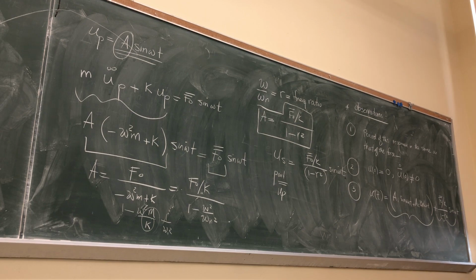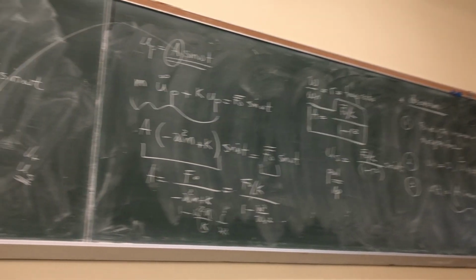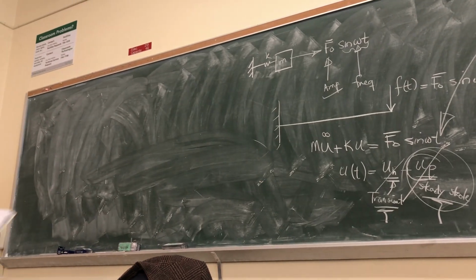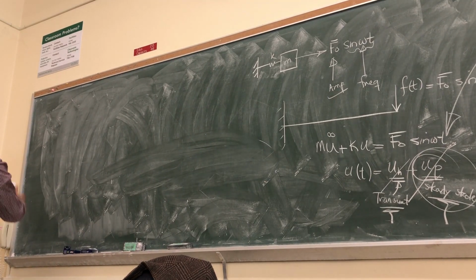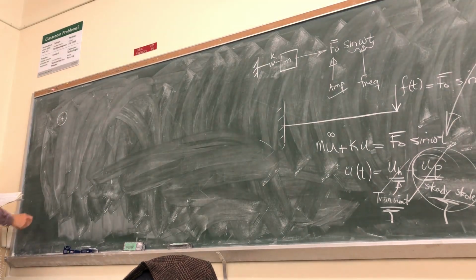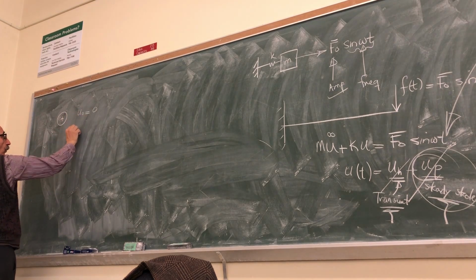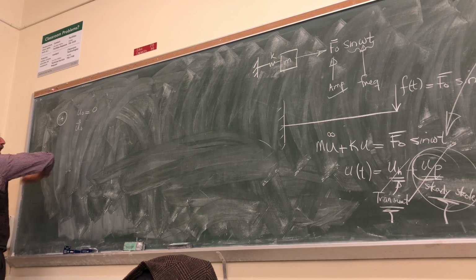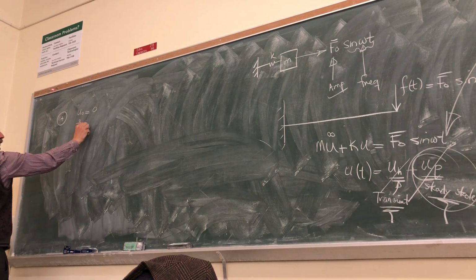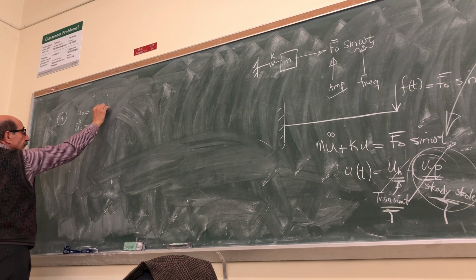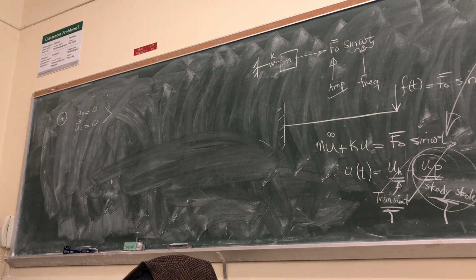Next, we're going to look more closely at the fourth one, I don't want to miss out. That was the fourth one, no? Okay. For the fourth observation, if the initial conditions are 0, for the total response, what will happen?